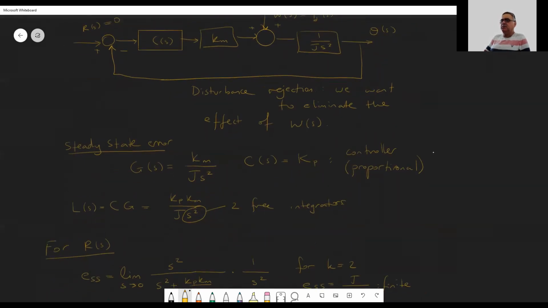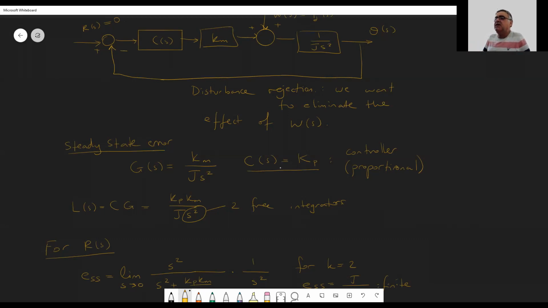Now, the last time we just looked at the steady state error case, and with proportional control. Okay, we assume that the controller is a simple gain like this. This is proportional control. Today we will extend this a little bit. We will change the controller.